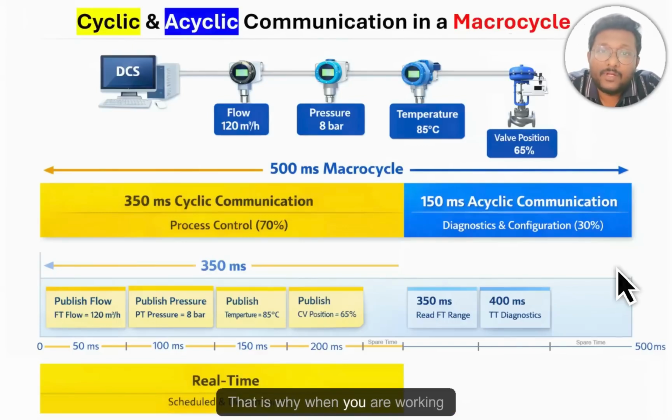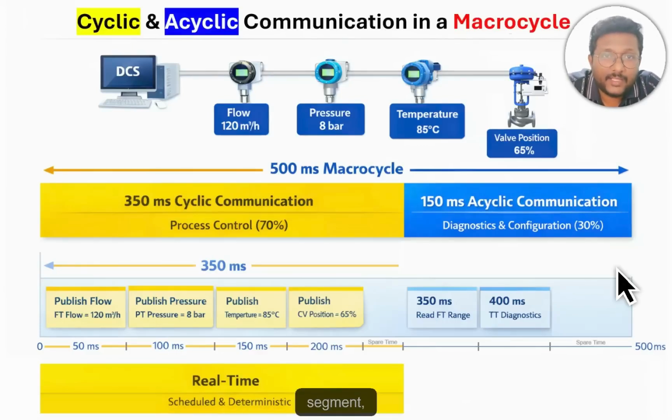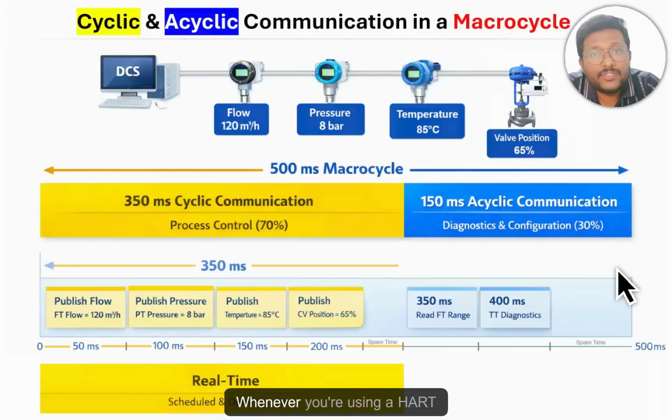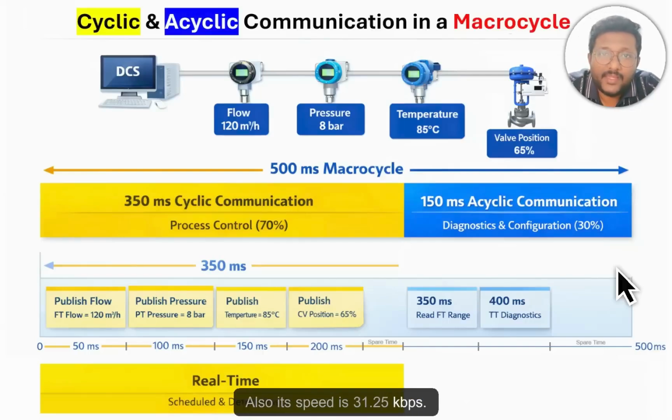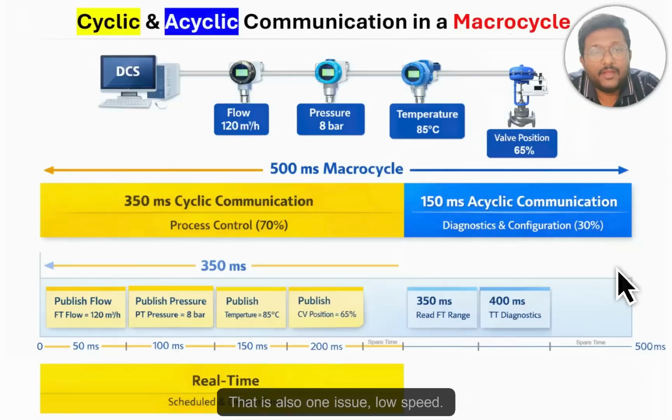That is why when you are working on the Foundation Fieldbus segment, whenever you're using a HART communicator, sometimes or many times, it will take time to fetch your data. Also, its speed is 31.25 kbps. That is also one issue, low speed.